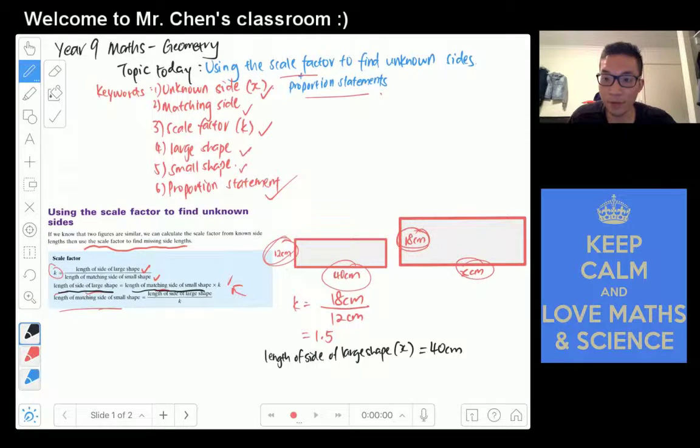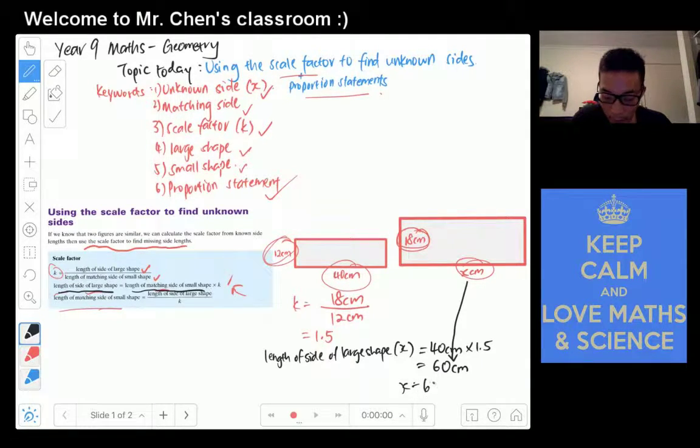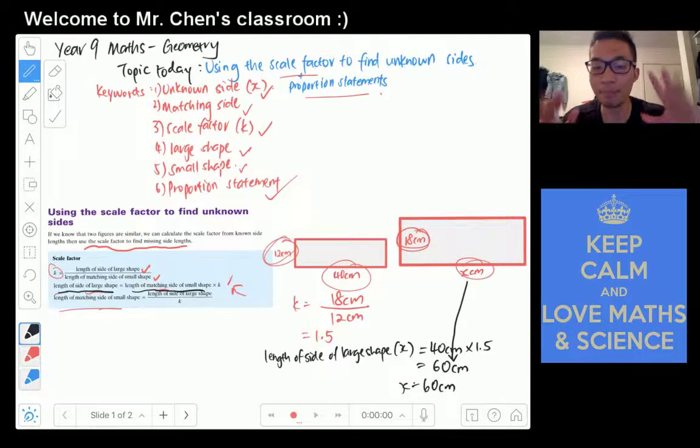K is your scale factor. The scale factor here is 1.5. When you multiply that, that will give you 60 centimeters. So we know that one is going to be 60 centimeters. That is how you use that to your advantage. Remember that scale factor formula, and also which one to use, whether you are looking for the unknown of the bigger shape or the unknown of the smaller shape.